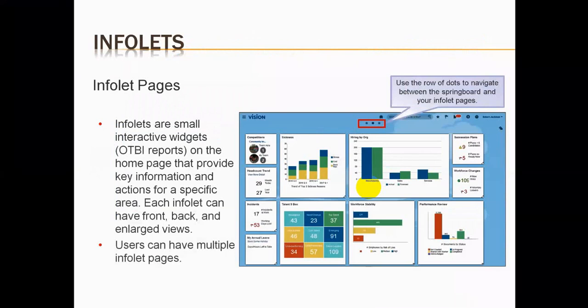It's a simple visual analytical report available on the home page that provides very key information from your reporting tool, and every user can have multiple infolets, a few infolets, or no infolets based on their security. We can configure it like that.